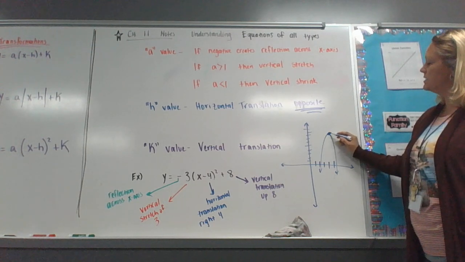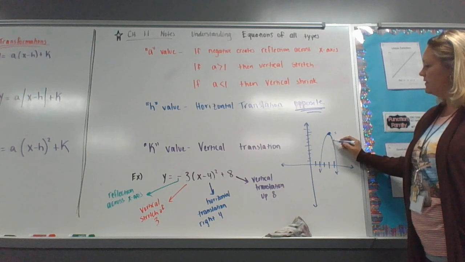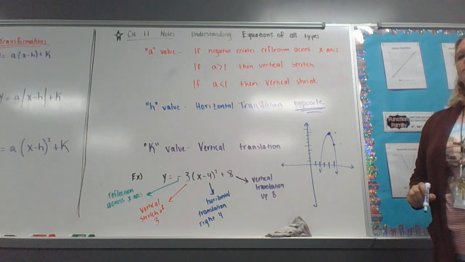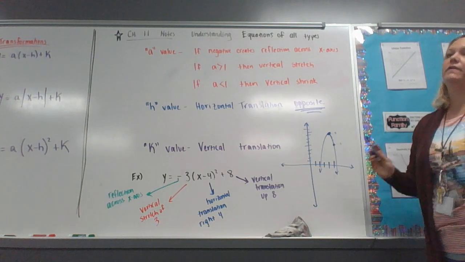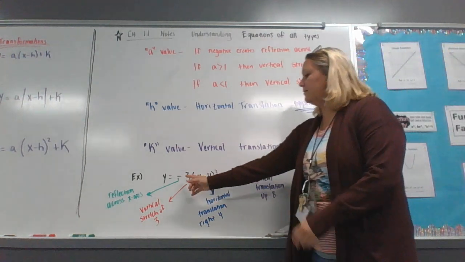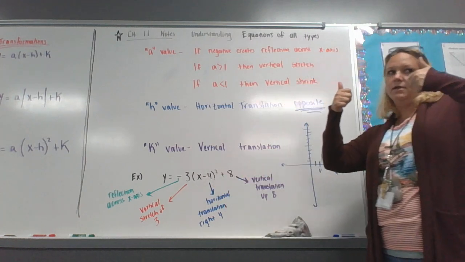So since this is at 8, the next point would be at 5. Okay. It takes a while to figure that part out, so don't worry. But if you can picture it flipped over, skinnier than usual, right 4 and up 8, that's the lesson of the day.